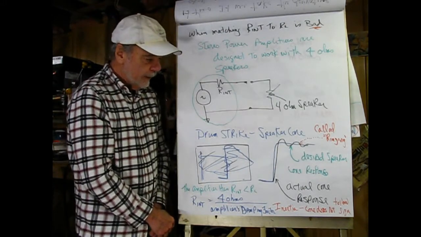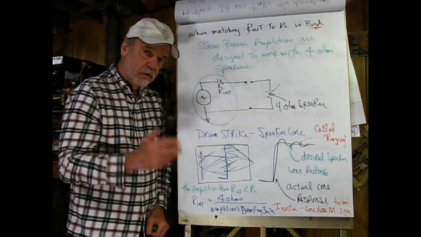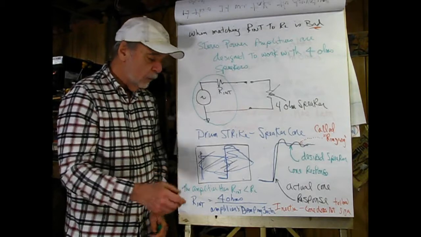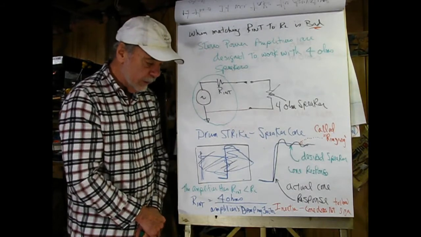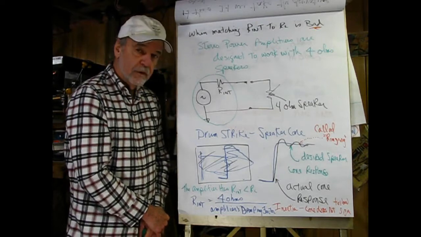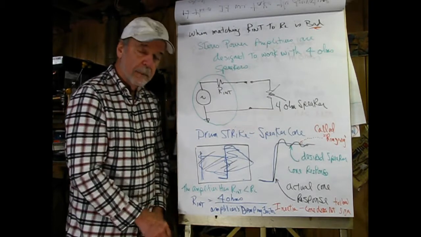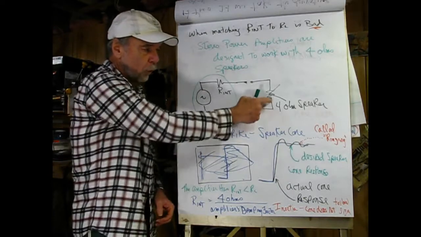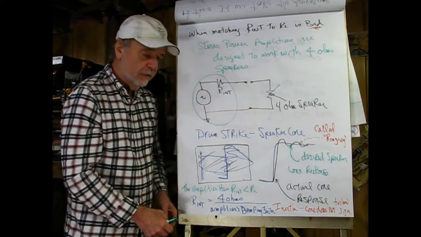And in fact, the internal resistance of this, and this is to mitigate this, is not 4 ohms. It's much less. And if you want to find out what it is, I'm not getting into a lot of detail here, in your amplifier specifications, you would look up the damping factor. The internal resistance is equal to the load resistance divided by the damping factor.